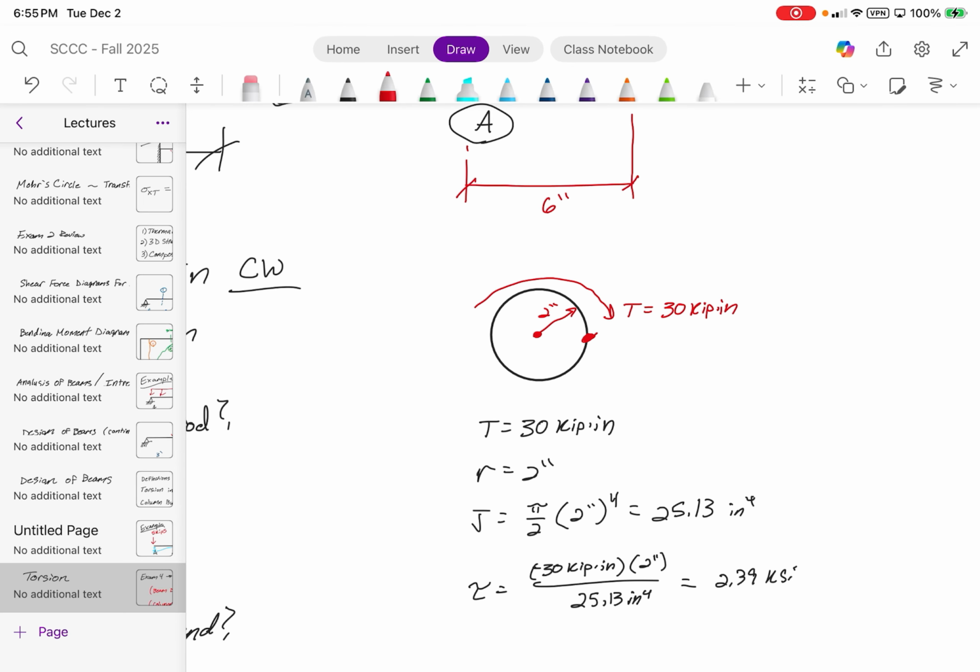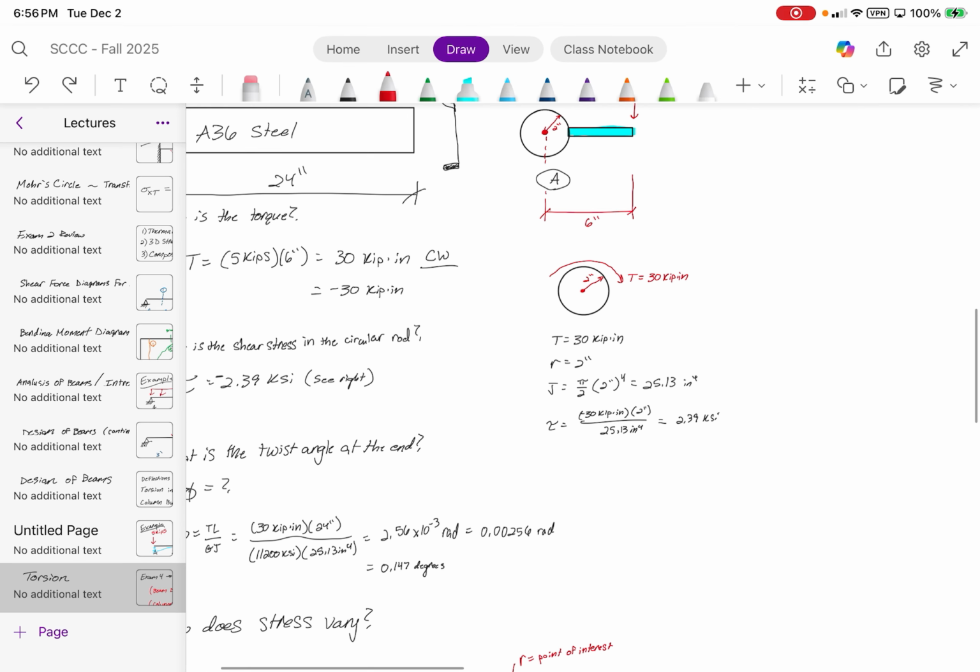But if we wanted to find the shear stress at a halfway point, we just take R equals 1 inch, which conveniently means that our shear stress is just going to be 1.2-ish, because the radius is half. So it's all linear, fortunately. Does that make sense to everyone?